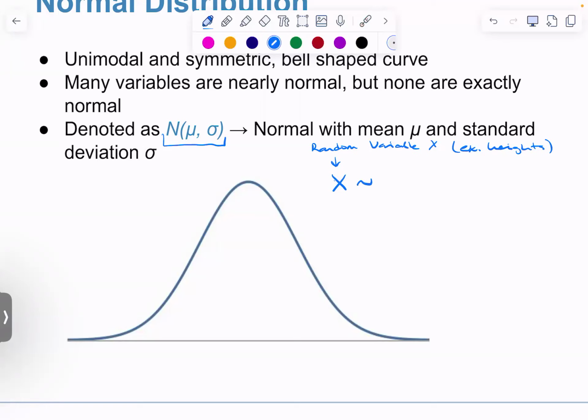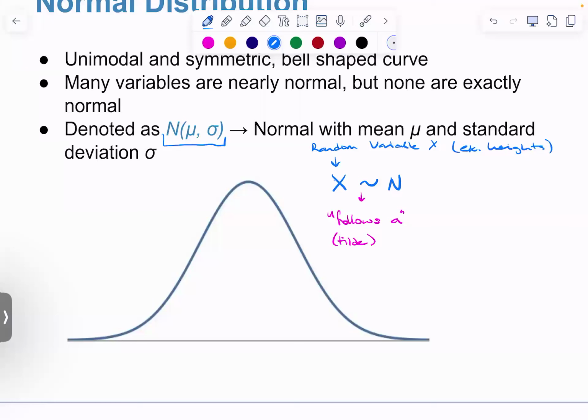And we use this little tilde, but you're gonna read it as follows.